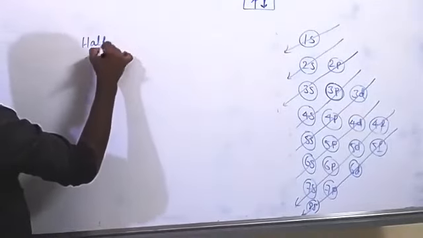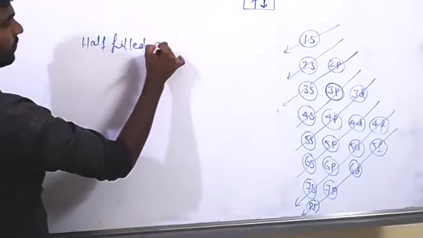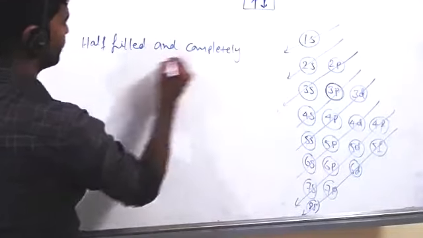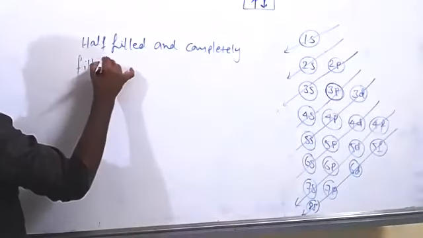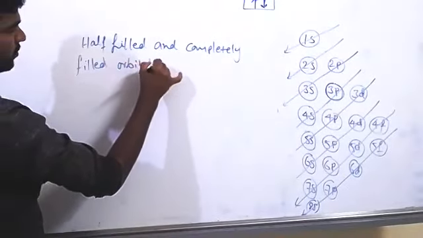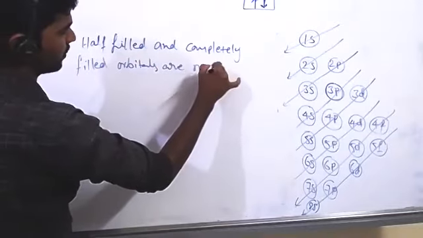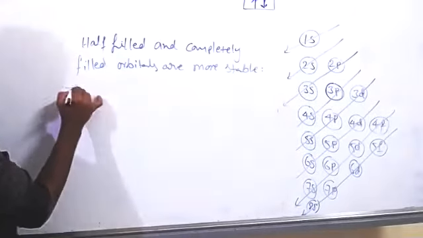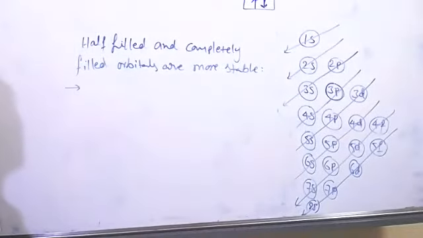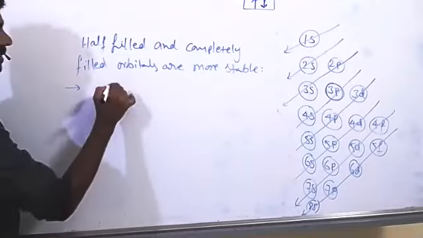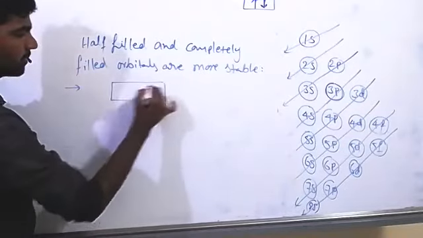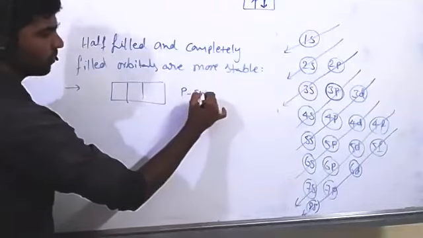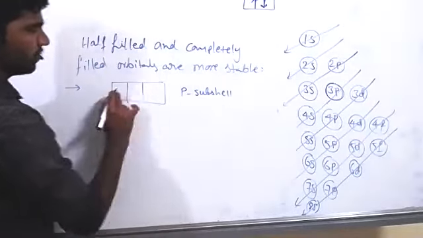Half-filled and completely filled orbitals are more stable. It is explained with 2 points. The first point is they have symmetry. Suppose we take all 3 p orbitals, px, py, pz.